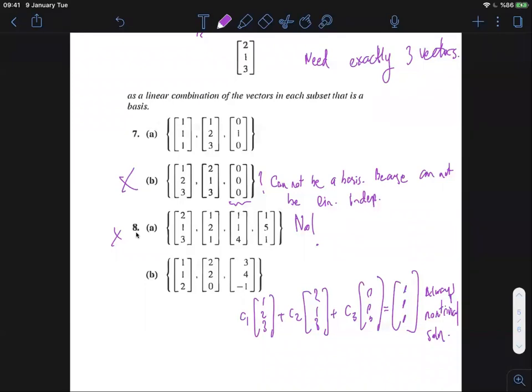And if they span, they are linearly independent. They are the same thing for three vectors in R3, okay? So one way of doing that is just checking this determinant. If this determinant is zero, then the answer is no. If the determinant is non-zero, the answer is yes.